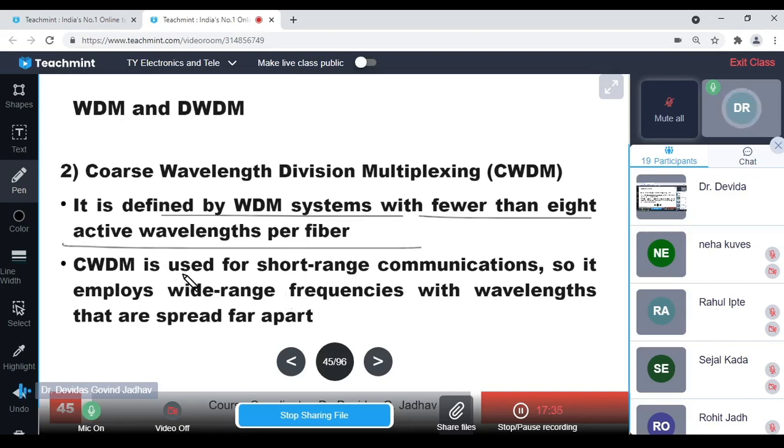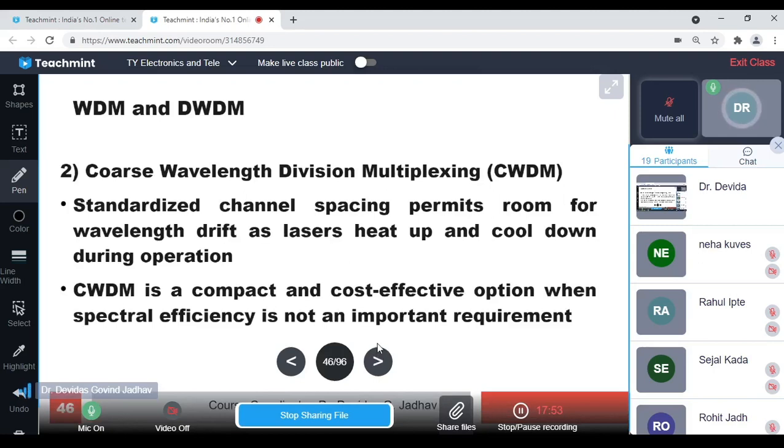CWDM is used for short range communication, so it implies a wide range of frequencies with wavelengths that are spread apart. Since the frequencies or wavelengths are very much spread apart, a deviation in the wavelength or frequency cannot mix the wavelengths. The standardized channel spacing leaves room for the wavelength to drift as the laser heats up and cools down during operation.